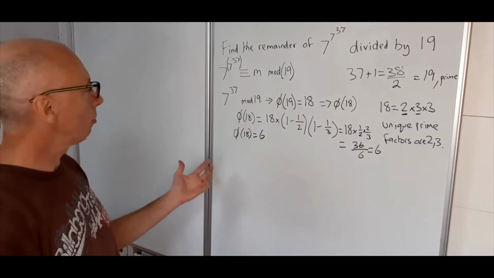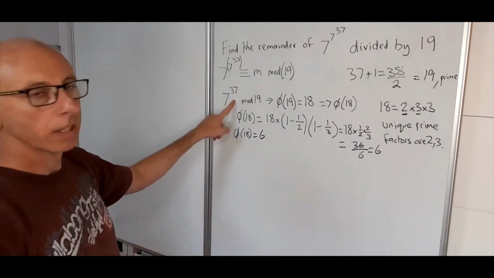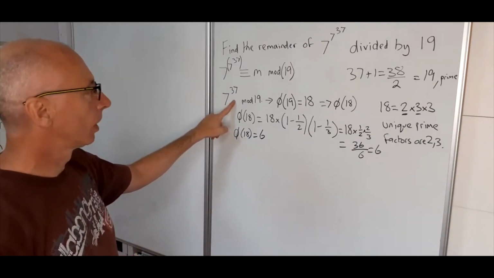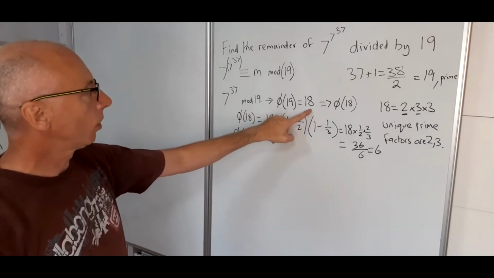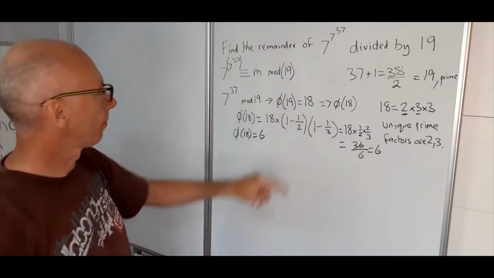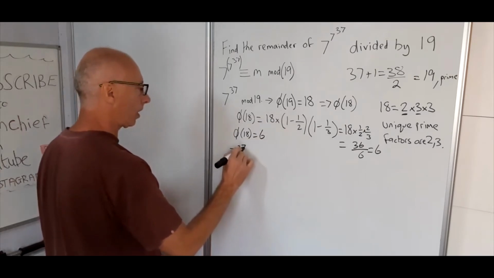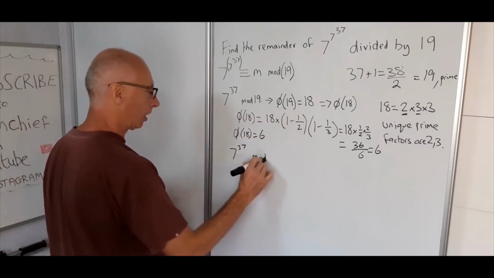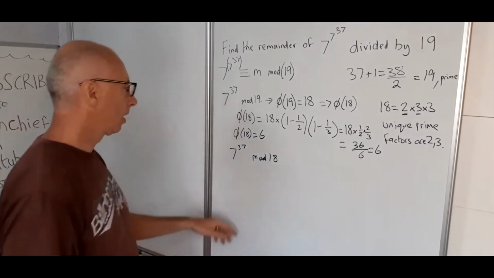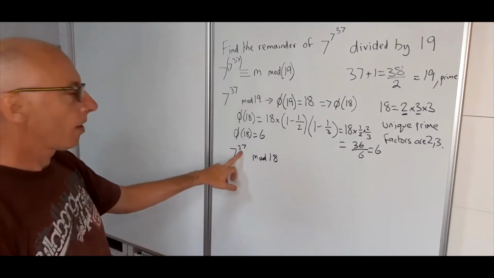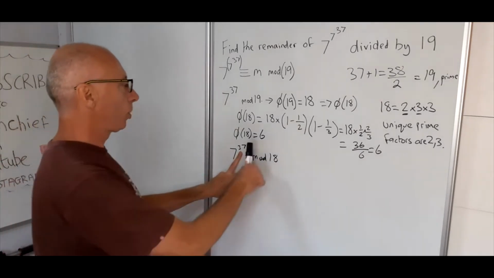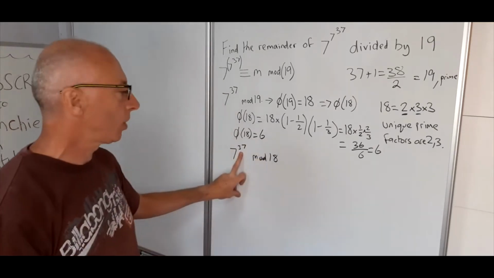Okay, so now that's going to be really helpful when finding 7 to the 37. The last number we looked for was 18. So now we say 7 to the 37 mod 18 is 37 reduced by multiples of 6.